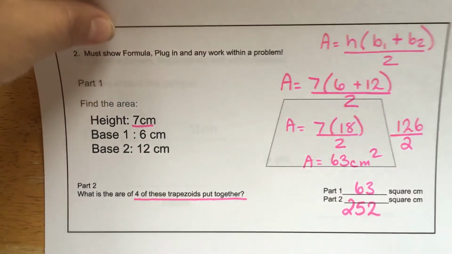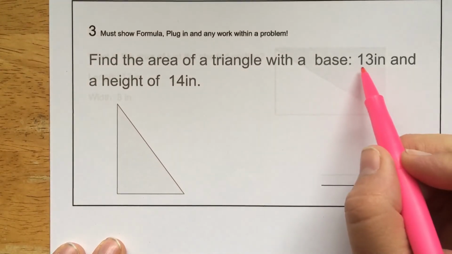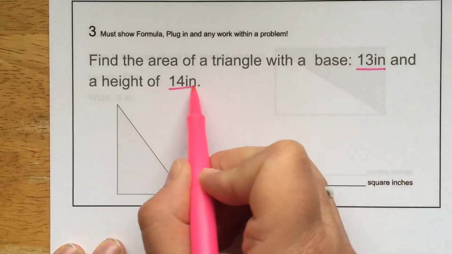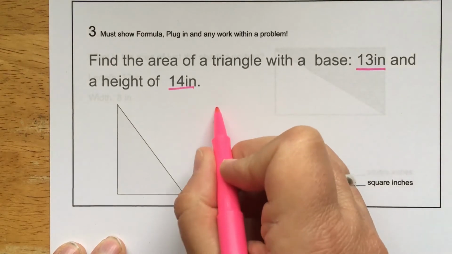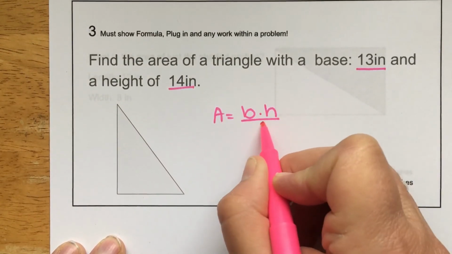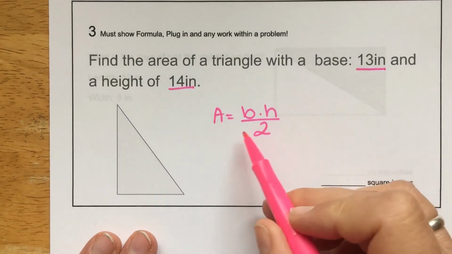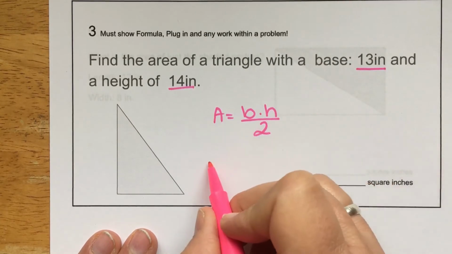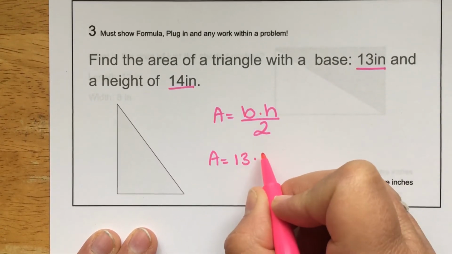Okay, the next one is a triangle. Find the area of the triangle, and they're telling you again the base is 13 and the height is 14. Again, you have to use the right formula. So for a triangle, area is equal to the base times the height divided by 2. That's the formula I prefer to use. We plug in our numbers. So the area is equal to, they're telling me base is 13, 13 times 14.